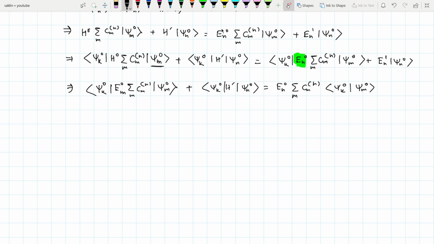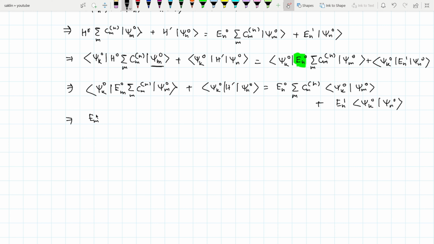Here I have made a mistake, that will be operating psi n1, psi n0. Ignore it. Now after that it will be written as psi n1, Ek0 and psi n0 also.